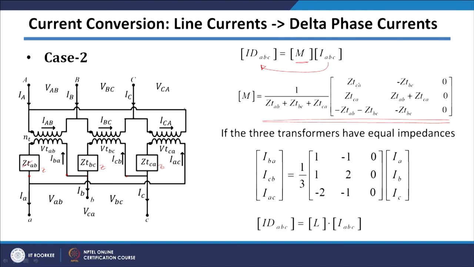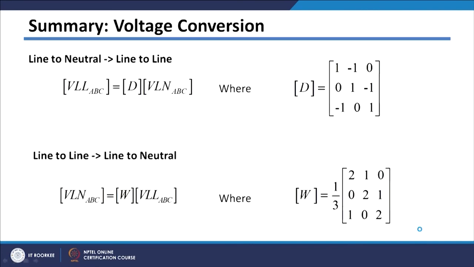So, when all these impedances are equal, meaning ZT AB equal to ZT BC equal to ZT CA, say equal to Z, all these entries will cancel with each other, and your matrix will be this one. So, whenever equal impedances are there, this M matrix and L matrix will always be equal. So, this gives me the line current to delta phase current conversion.